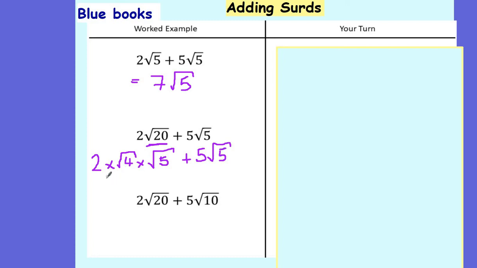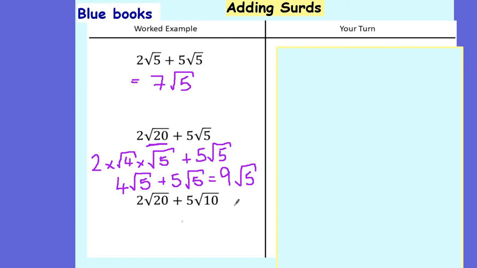Now the square root of 4 is 2, and 2 times 2 is 4, so I've got 4 square root 5 plus 5 square root 5, which altogether means I've got 9 lots of the square root of 5.